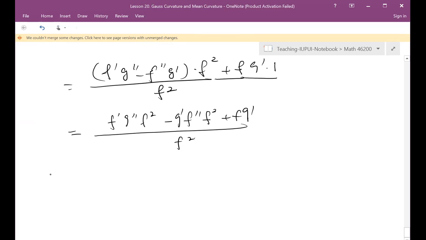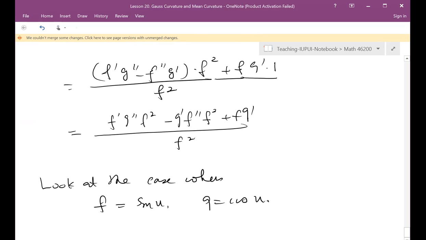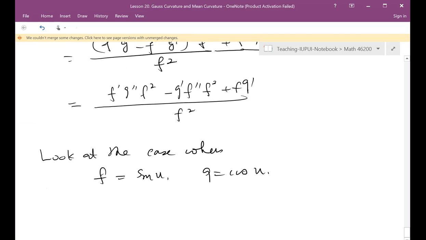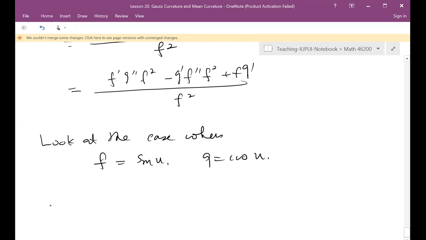Look at the sphere case. The case when f is going to be sine u, g is going to be cosine u. Then you plug them into the formula for 2h. f squared is sine square u.